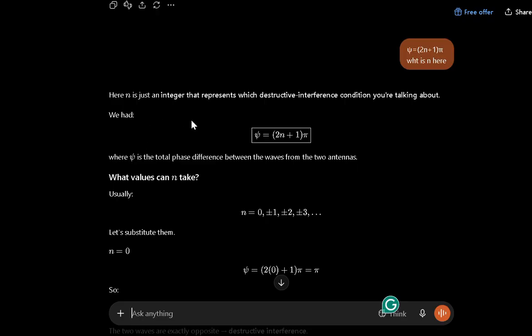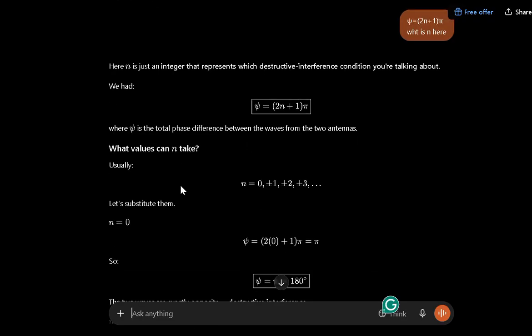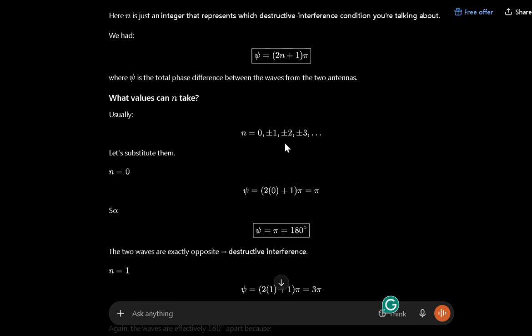Here n is just an integer that defines which destructive interference condition we are talking about. The total phase difference between waves from the two antennas can take values with n equal to 0, plus 1, minus 1. Let's substitute n equals 0, then phi equals 180.